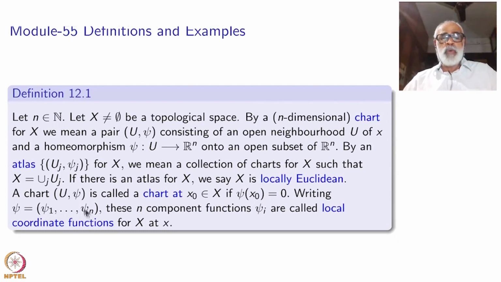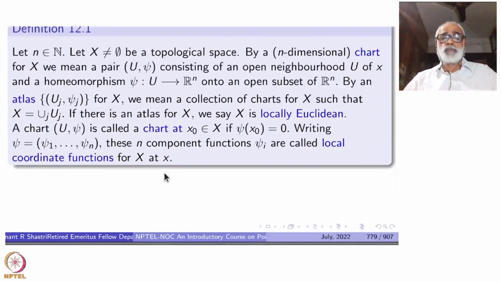These are the n coordinate functions because psi is taking values inside Rn. So these n component functions are called local coordinate functions for X at the point x. The local coordinates, remember, are not defined on the whole of X, they are defined in a neighborhood of this little x or x naught.